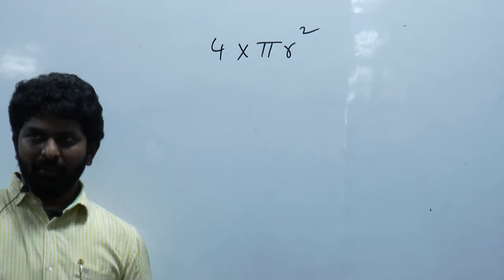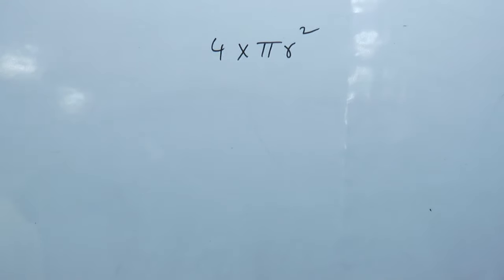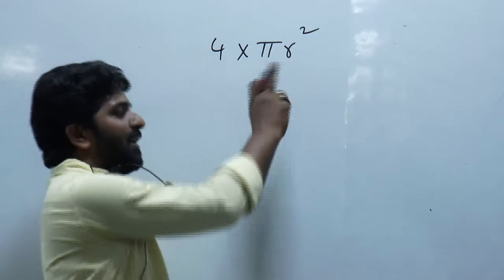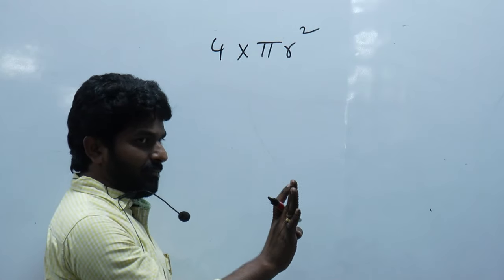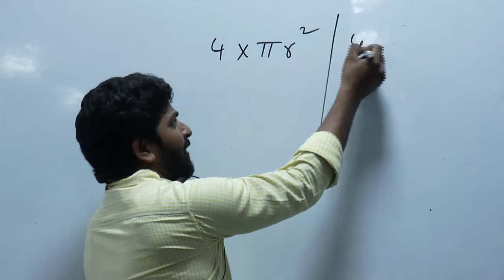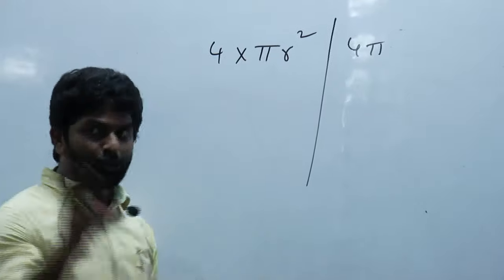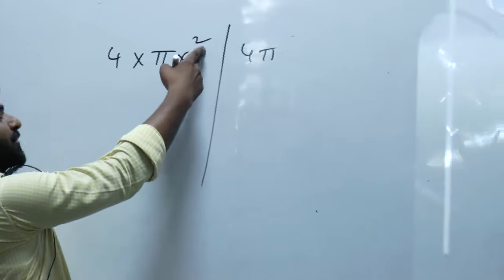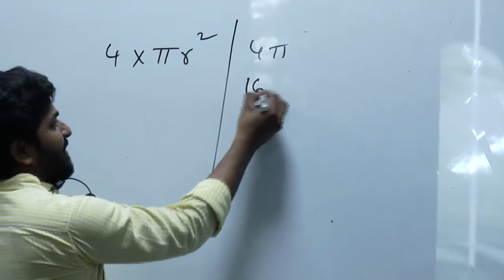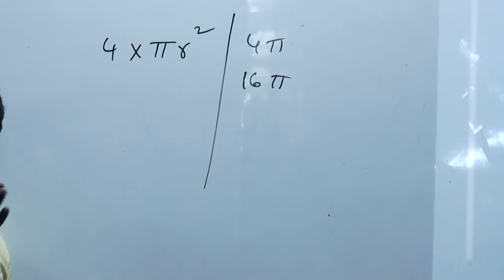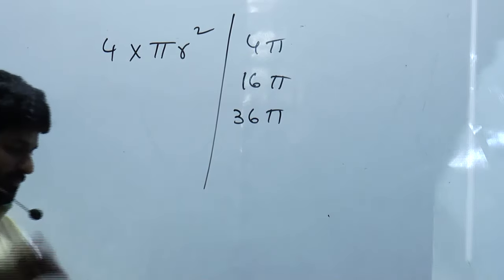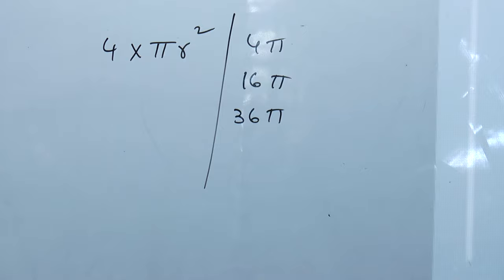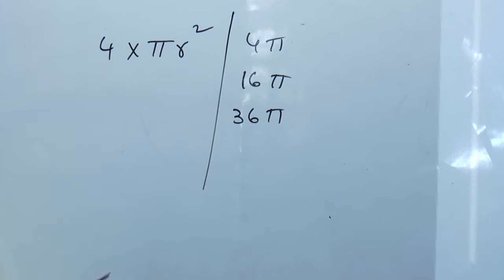Right? But suppose you need not solve this question actually. If the radius is 1, the answer should be 4 pi. If the radius is 2, 2 square is 4, 4 into 4, 16 pi. If the radius is 3, 9 into 4, 36 pi. So far 16. Can your fifth option be your answer?